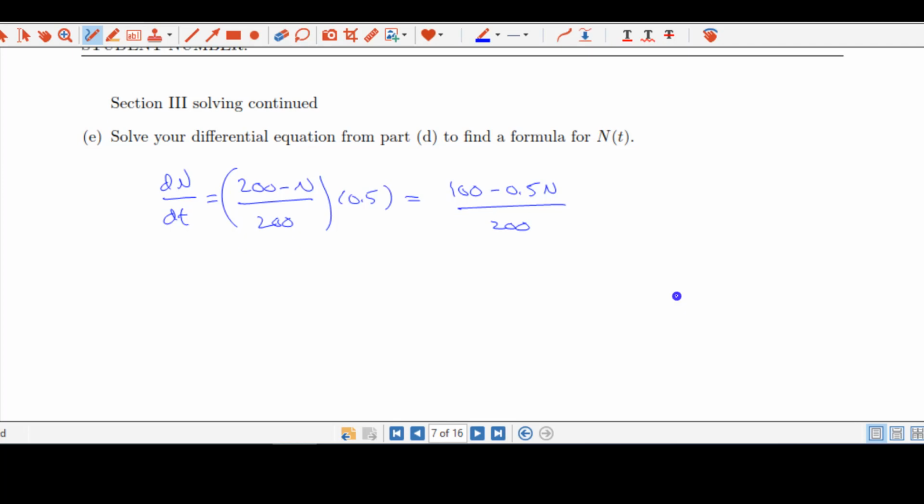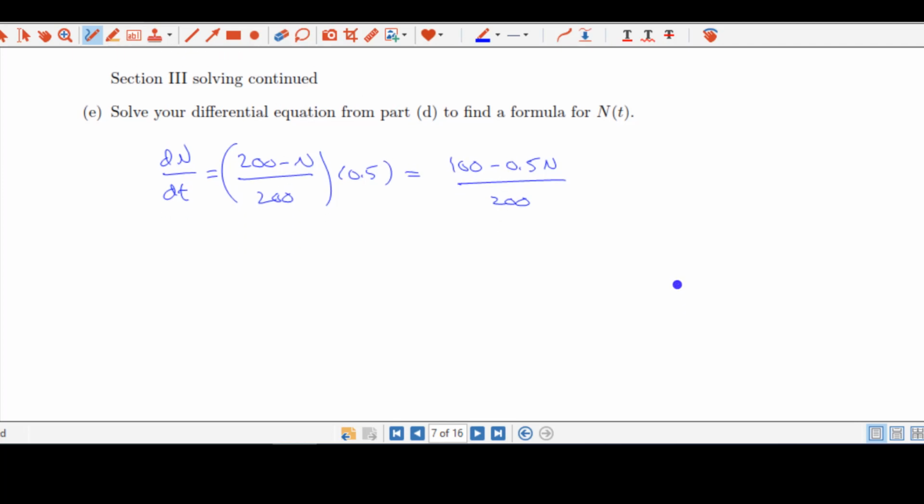It's not the only way, but it seems like a reasonable starting place. So we separate and integrate. Then we're going to get the numerator and the denominator on the left-hand side, and the right-hand side is going to stay as 1 over 200. And the dt here, we move up. It becomes that expression there.